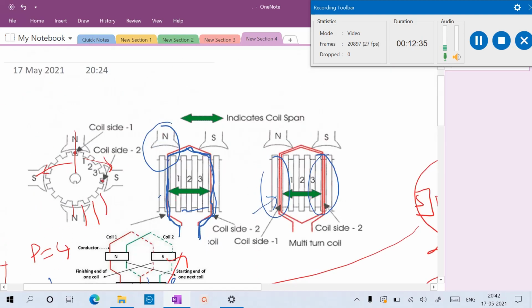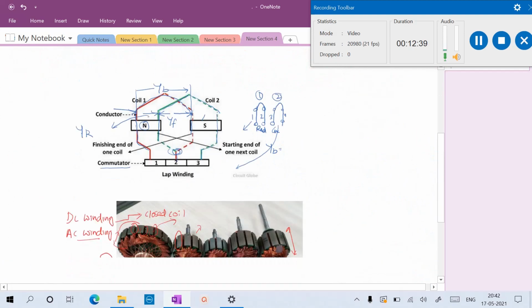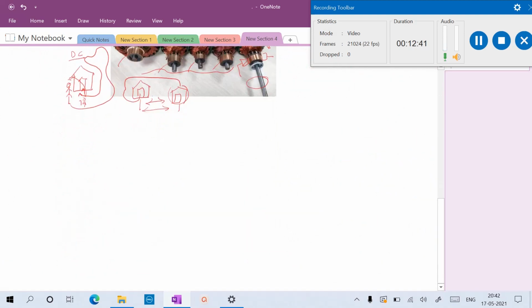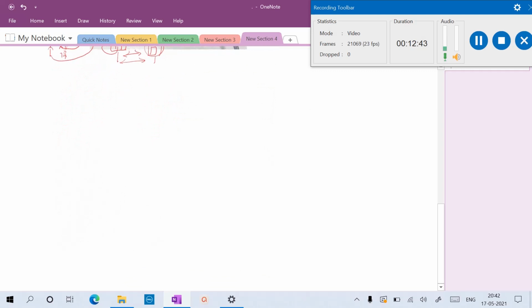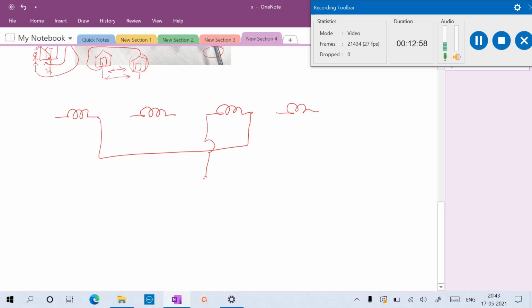You can see here one example. For example, this is one winding, second winding, third winding, and fourth winding. Now this winding is connected to here and is connected to here, terminals.